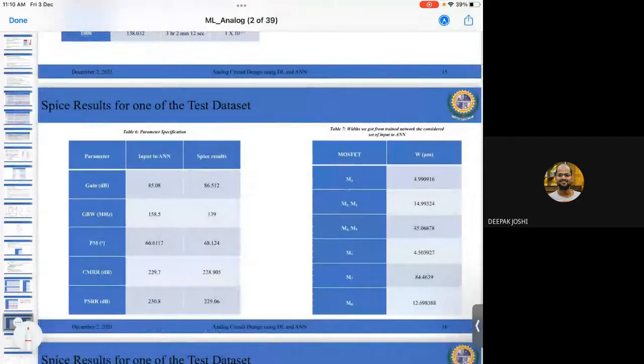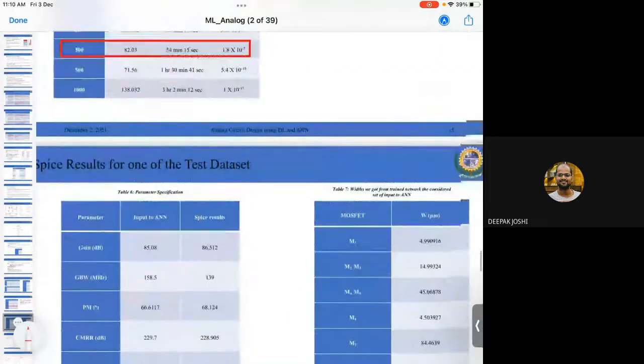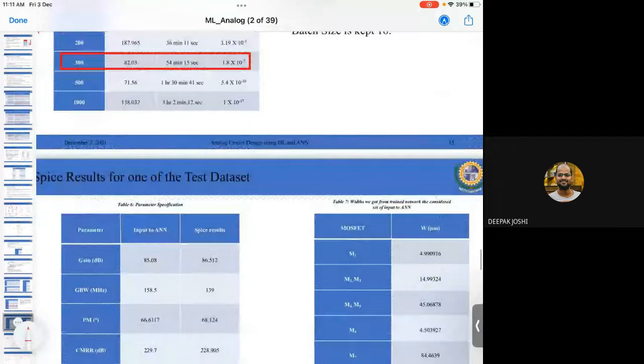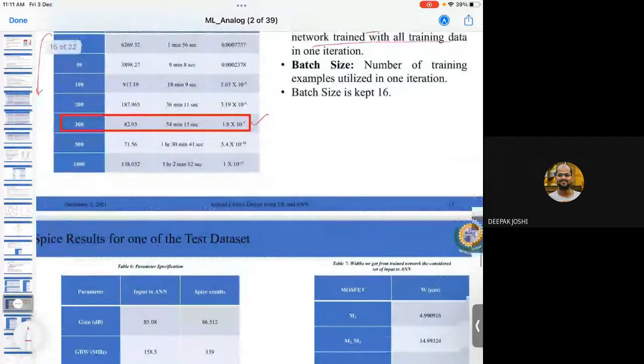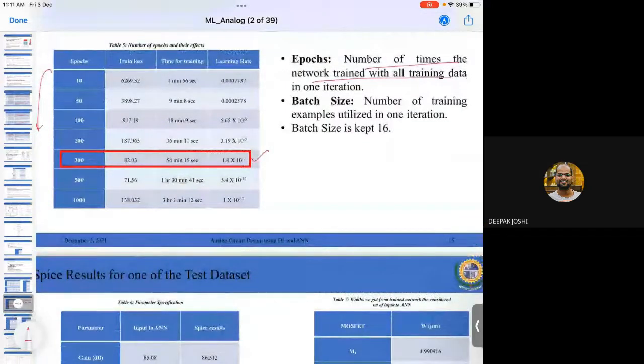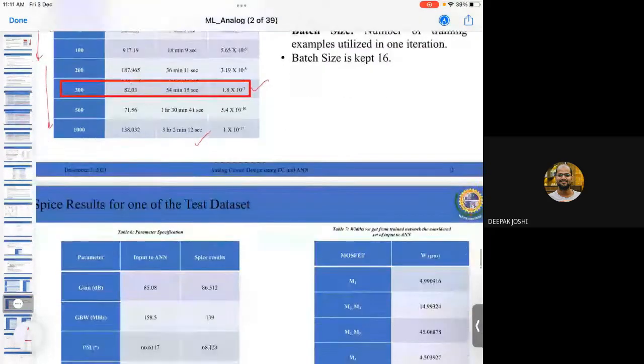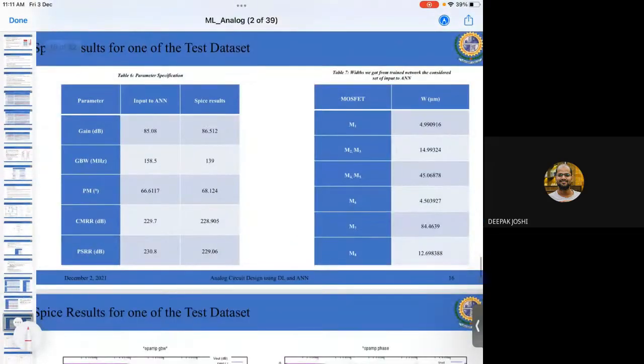Okay, so here are the SPICE results of one of the test sets. Let us say this one is considered for that. You can see that the training times are also written here. If it is increasing, the time is also increasing quite a lot, to 3 hours. Okay, so these are the parameter specifications which are further tested on SPICE in order to cross-check.